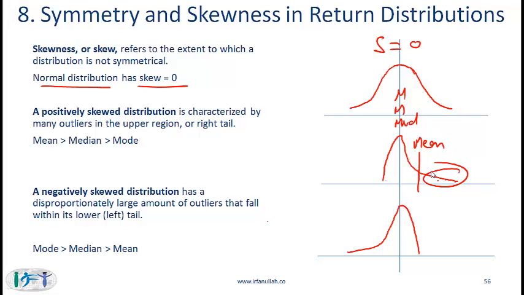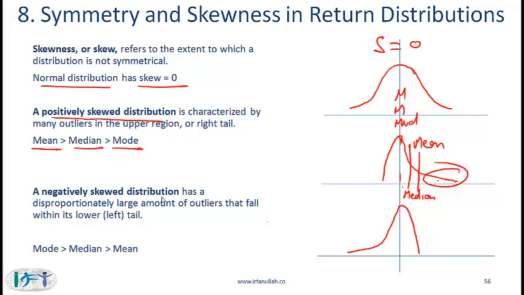So the mean is going to be greater than the median, which is going to be greater than the mode. Mode is the most frequently occurring item, so that is over here. This is the mode, and we essentially have this relationship where the mean is greater than the median, which is greater than the mode for a positively skewed distribution.